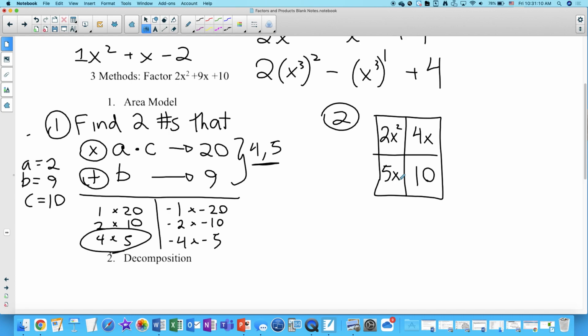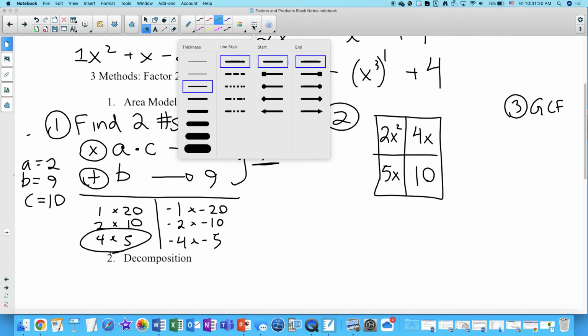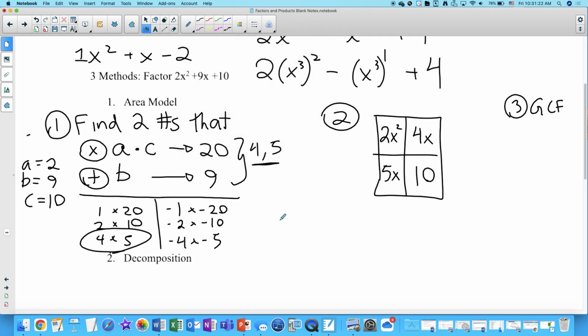Now the third step I'm going to do within the box, but it's basically figuring out some greatest common factors. Now where do we want the greatest common factor? We need the greatest common factor of the top row. What is the greatest common factor of the top row? Yeah. Not just 2, 2x, yes.